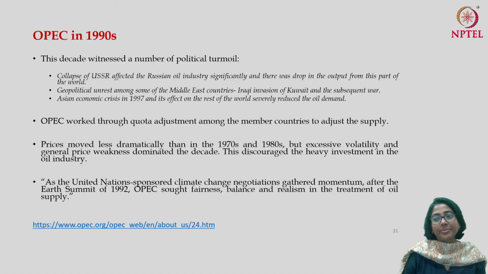So what happens at this period is that OPEC realizes that it cannot only act as a protector of the interest of the petroleum exporting countries, especially in the Middle East, but there is another lobby coming up, talking about climate change mitigation. And if you talk about climate change mitigation, you also have to talk about how you can reduce the use of oil. So the position of OPEC in the global scenario had to be reoriented a little bit.